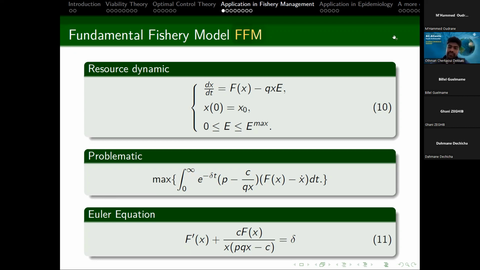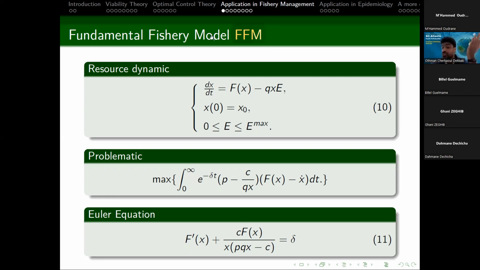So I begin the fishery management by introducing you to what we call the fundamental fishery model. I mean, when you see fundamental, it means it's the earliest one possible. And I think this model was made in the 1960s, which is the variation of x.